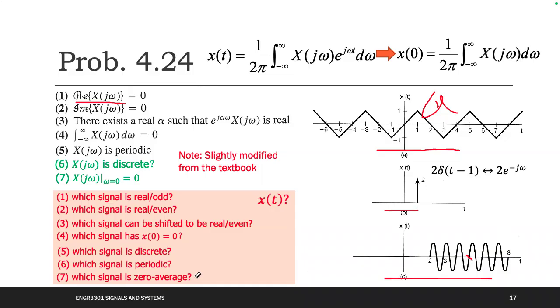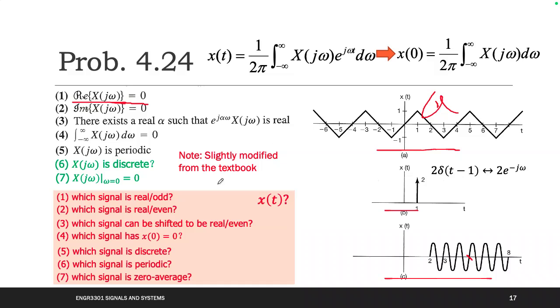So you can easily see in this question, you try to decide which signal is real and odd, which signal is real and even, and so on, based on the image, right? But you can also tell which signal is real and even based on the properties. If your real part is 0, what does that mean?